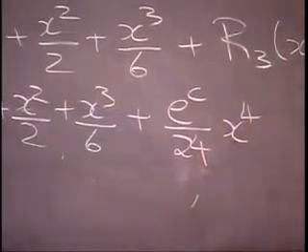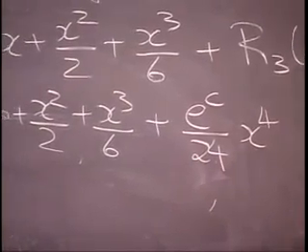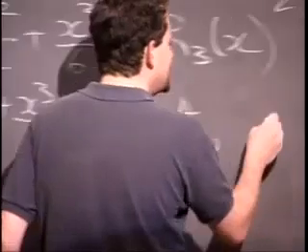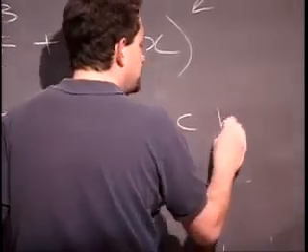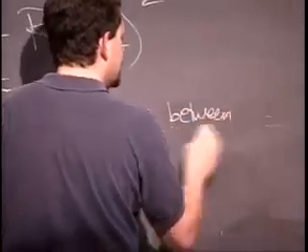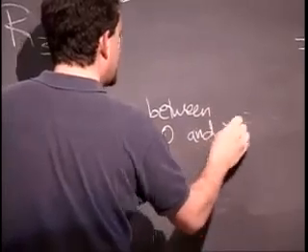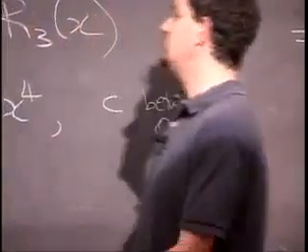And that is true for any number x, as it turns out. The only thing that I have to tell you is that c, again, is between 0 and x.